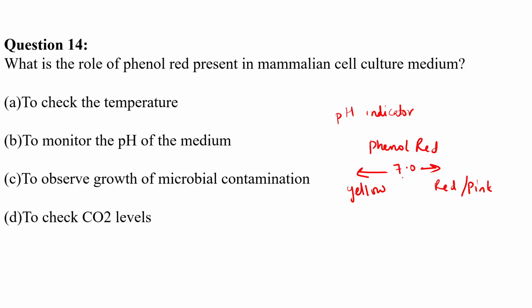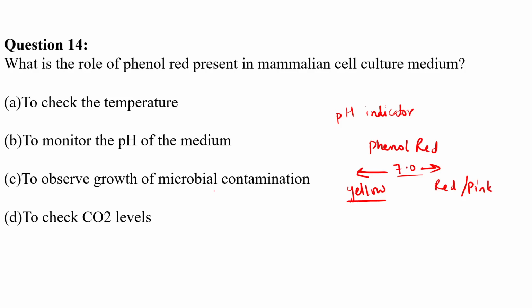And when the pH is lowered, when the pH becomes acidic, when the pH decreases from 7, the medium starts turning yellowish. I've told you previously also, when we are growing a mammalian cell line in a cell culture medium, some cells are growing, some cells are dividing.